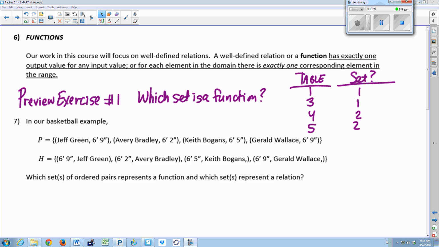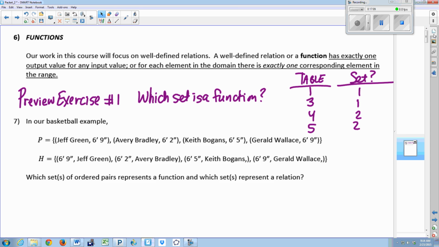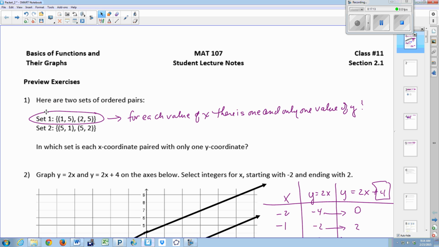Doug's going to argue why set 1 is a function, and who's going to argue from table 4 or table 5? Sam? Sam's going to argue why he thinks set 2 is a function. So let's go back and look at, here's set 1, and here's set 2. So, Doug, would you argue why you think set 1 is a function?